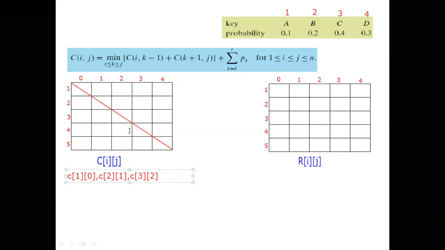C of 4, 3. Which is the last value? C of 5, 4.